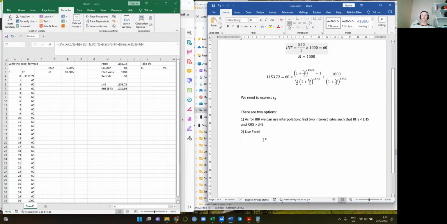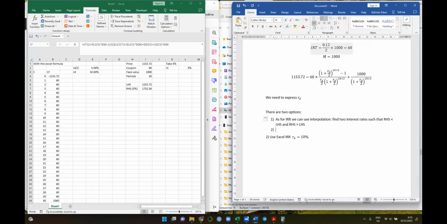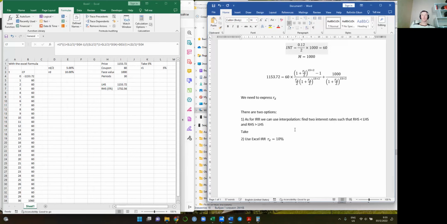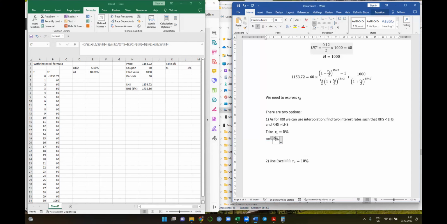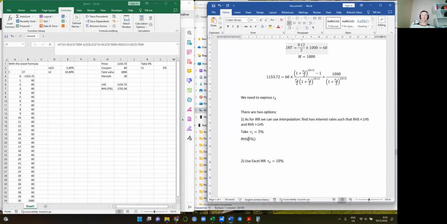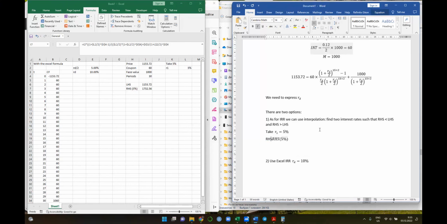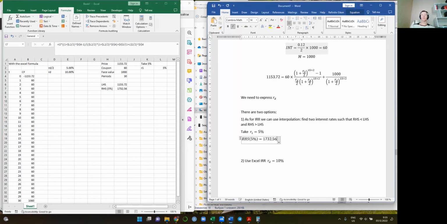So with the Excel we have this. With this, take R1 equals 5%. So the right-hand side of 5% equals 1732.56.